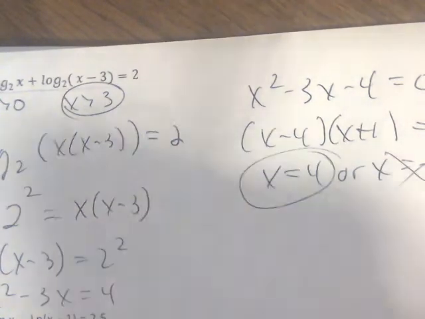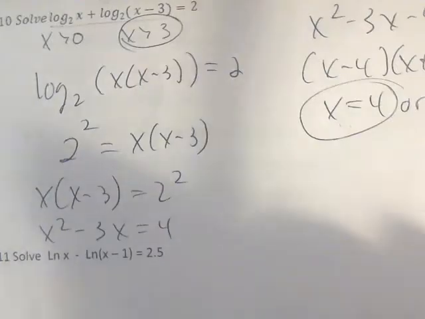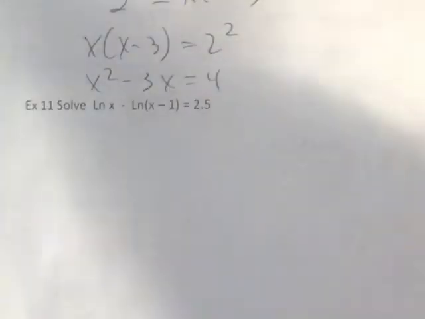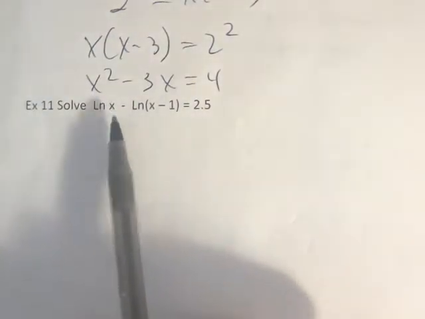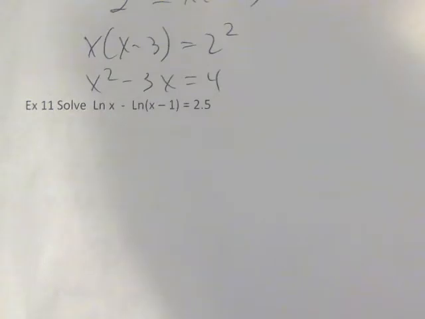Okay, so that's solving logarithmic equations using your laws of logarithms with law 1. These next two examples are involving law 2 because of the subtraction. So these can be a little bit more difficult because of the fraction.